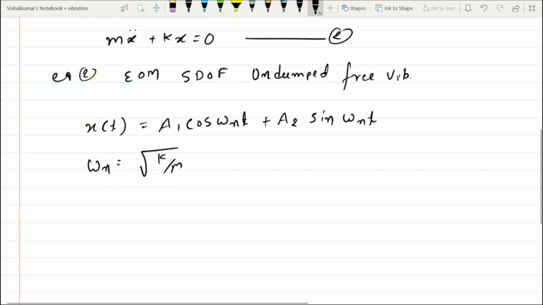Let's say at time t equal to 0 we have an initial displacement x0 and an initial velocity x dot 0.